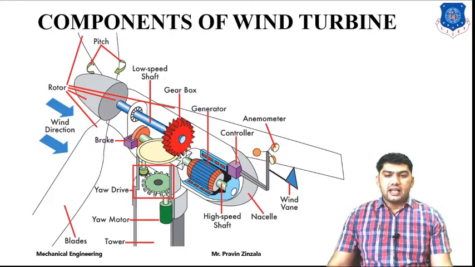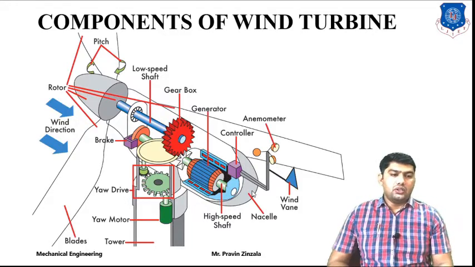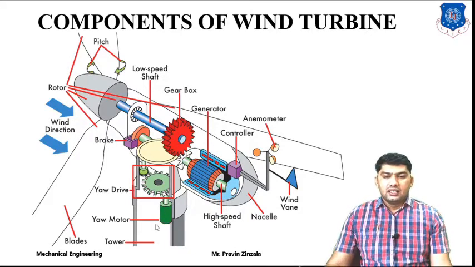The yaw control mechanism rotates the nacelle according to the available wind direction. According to the season, the wind direction slightly changes, or the angle changes. According to that angle, the yaw control motor supplies the energy and drives the nacelle, changing its angle.